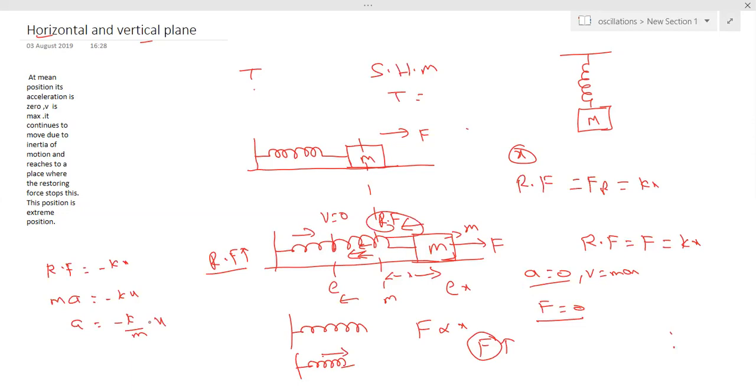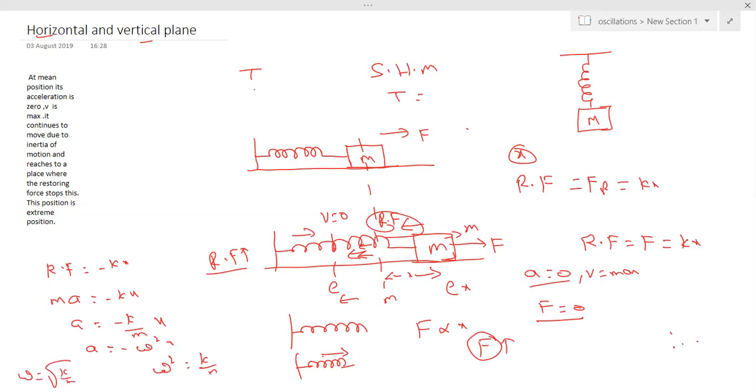Now the standard formula for acceleration of SHM is a is equal to minus omega square x. This is similar, which means this oscillation is SHM. Comparing these two, we get omega square is equal to k by m. Then omega is equal to root k by m.